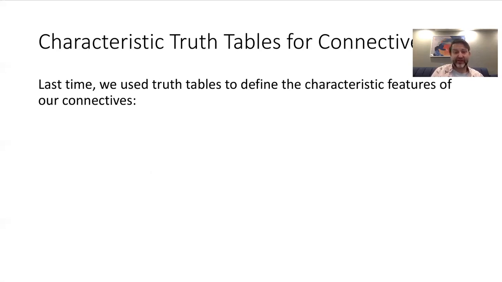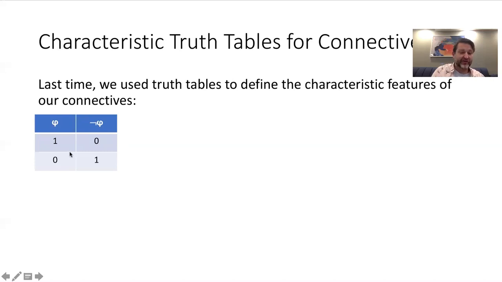When we walked through the connectives, we used truth tables to define their properties. So we said the following about the connective negation. If we have phi, and here with truth tables, we're going to use 1 to stand for true and 0 to stand for false. This is sort of like binary. So 1 means true, 0 means false.